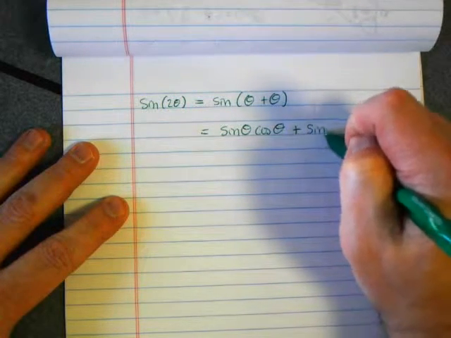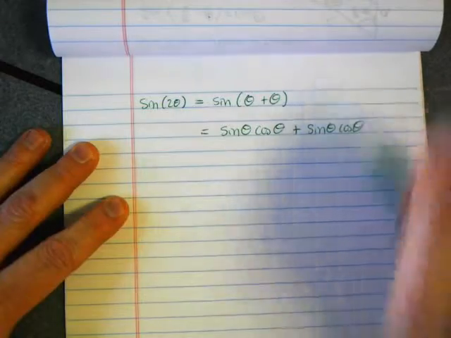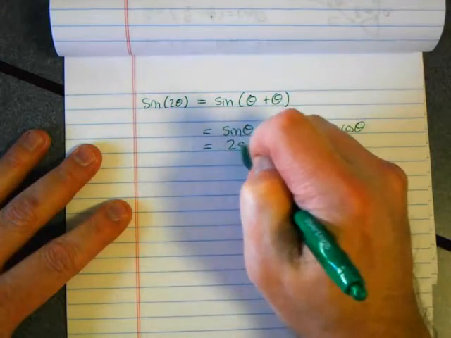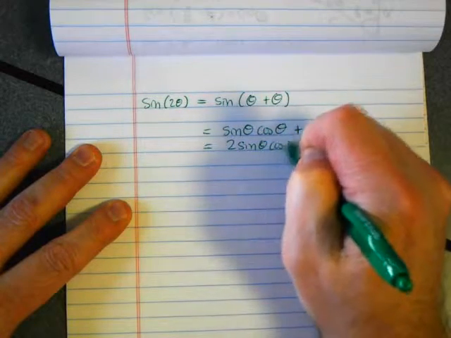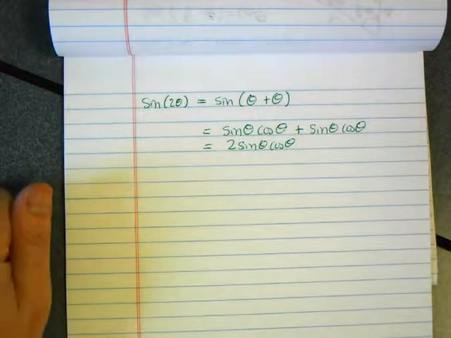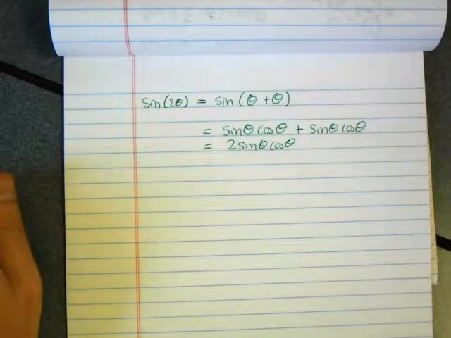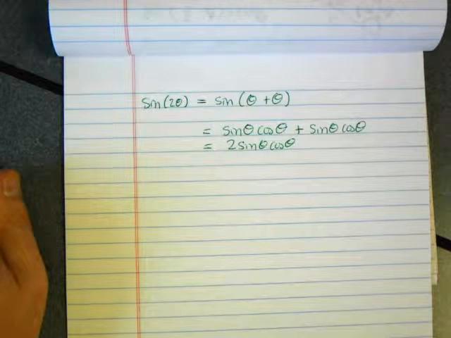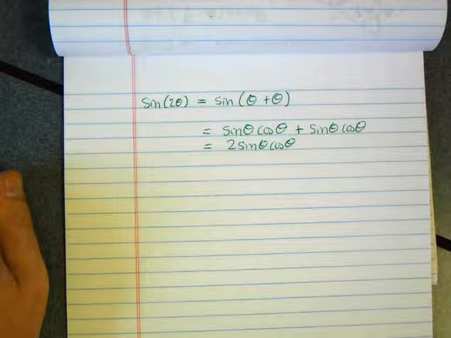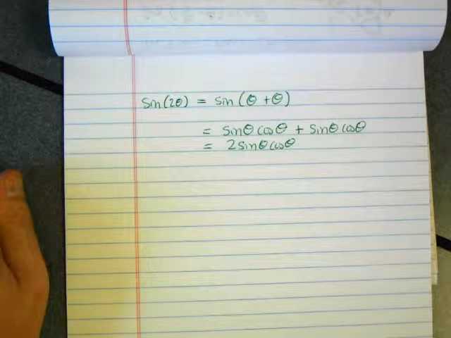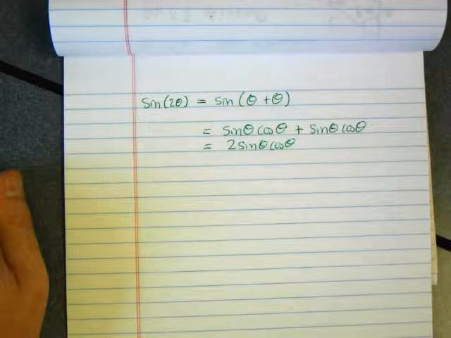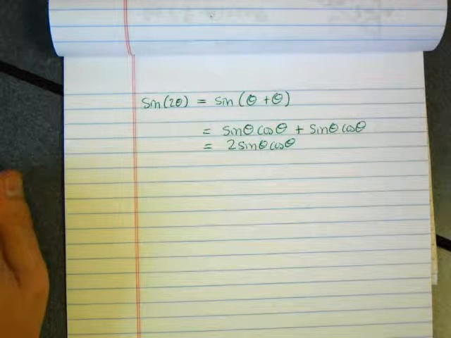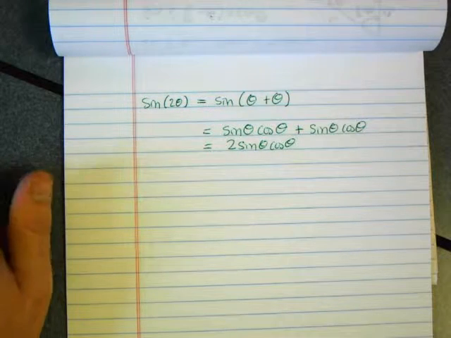It's sine theta, cosine theta again, isn't it? So that's going to be 2 sine theta cosine theta. So there's the identity for sine of 2 theta. And like I say, that's called the double angle identity. Why would you call that the double angle identity? Because there's 2 thetas, you doubled your angle. That's why it's called the double angle identity.